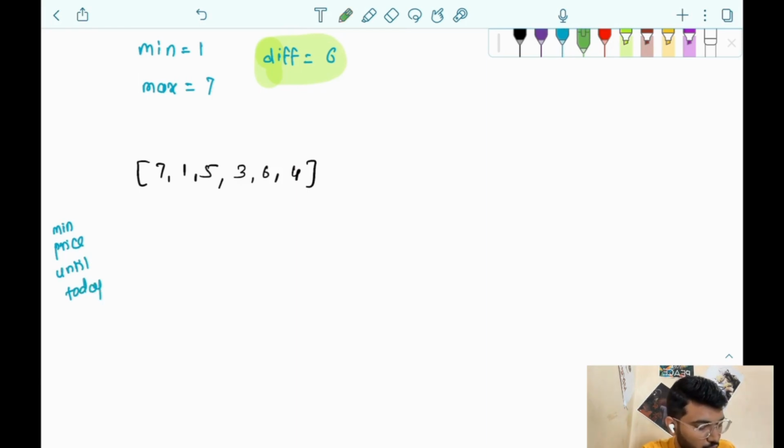In this case, for the first day, the minimum price is equal to 7. Okay. On the second day, the minimum price goes down to 1. Again, on the third day, the minimum price until today is still 1. And on the next day, the minimum price is still 1, and so on.